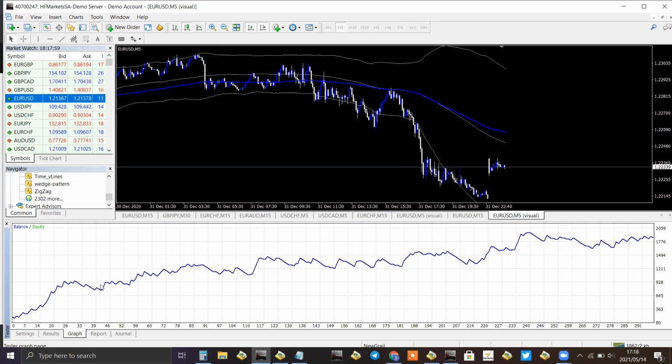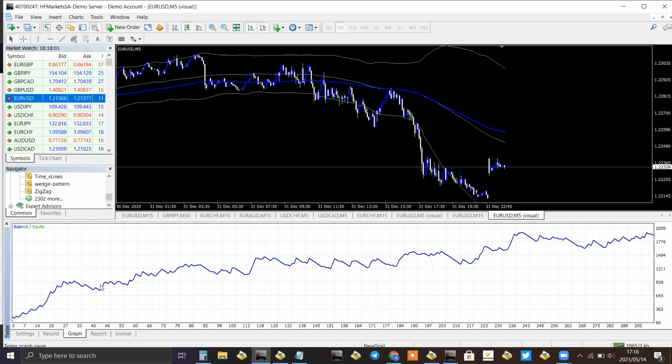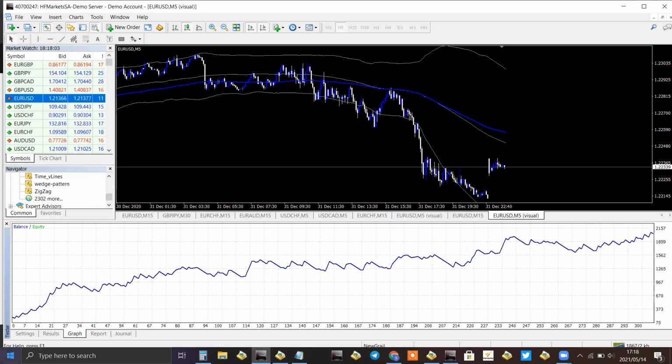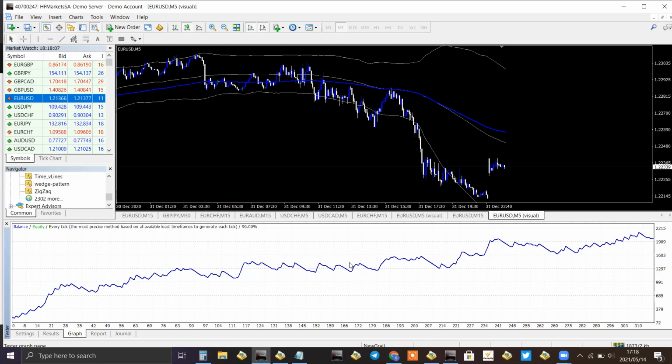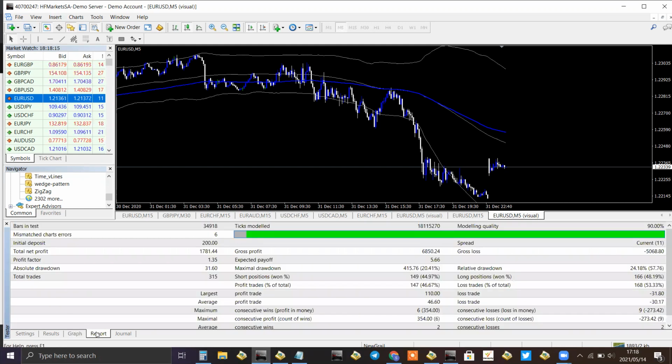It will go up with momentum as well. So for a while, the market was ranging here. And remember, this is 2020. So this was when the market wasn't really doing well because of the corona and everything. But let's see the results.